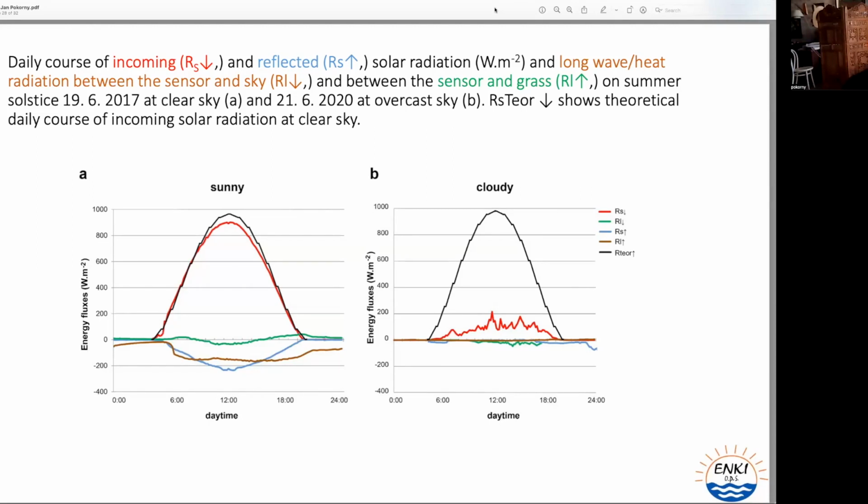The blue one is the reflected solar energy. You see it on the left-hand side. And the brown one is a heat flux from sensor to atmosphere. You see that the flux of heat is about 180 watt per square meter. And there is almost no flux of heat from Earth to atmosphere when there are clouds.